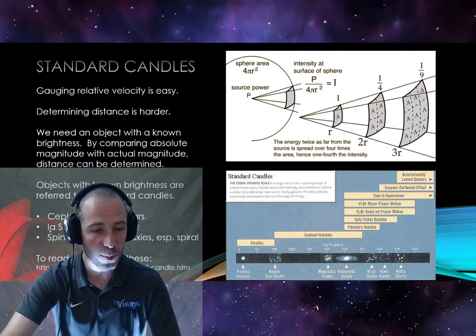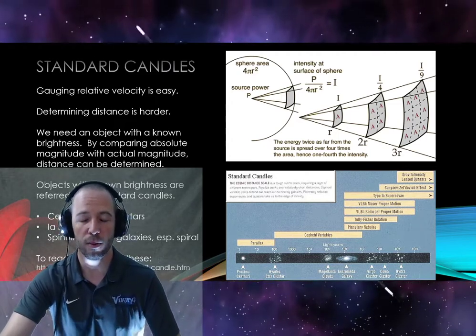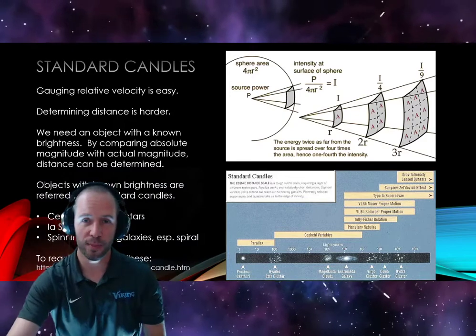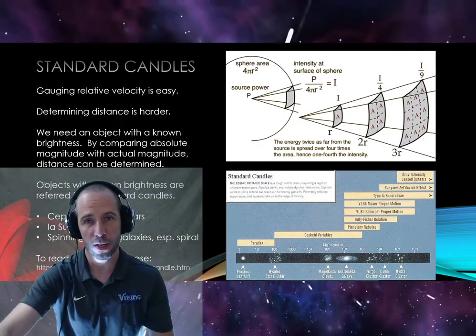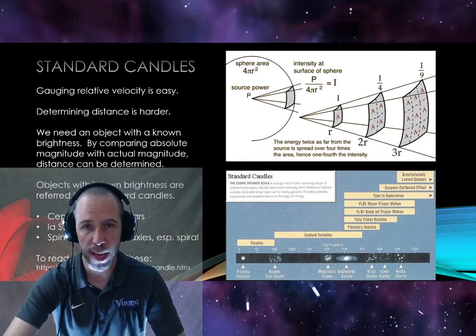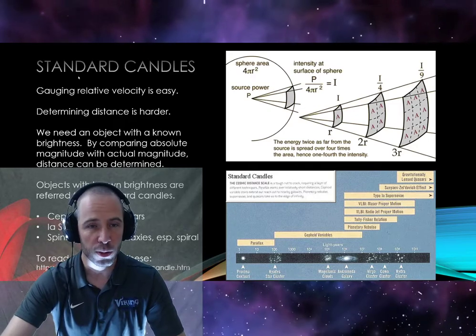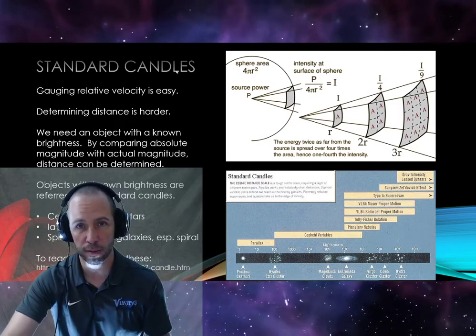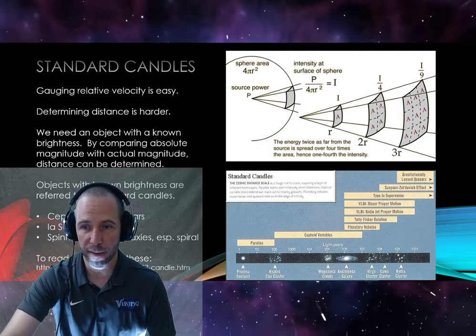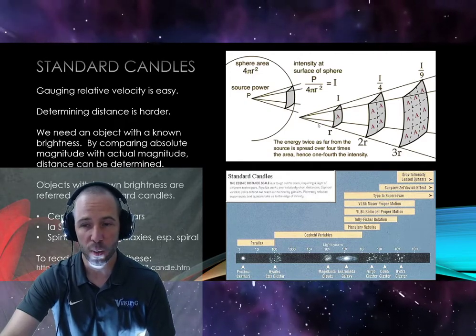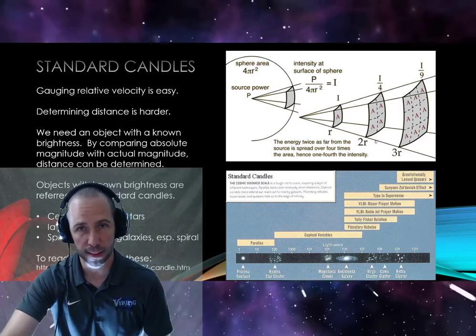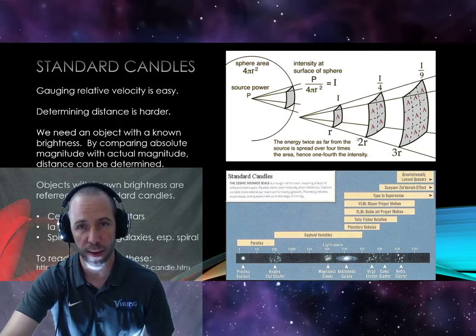So if you see a type 1a supernova, and you see another type 1a supernova, and you can compare their brightnesses, you can also figure out their relative and absolute distances. A standard candle is an object of known brightness, and by figuring out how much dimmer it looks, we can do math and figure out the distance of where the object was located compared to us.